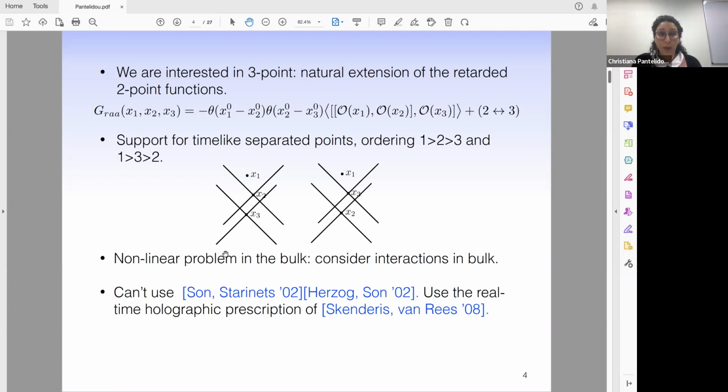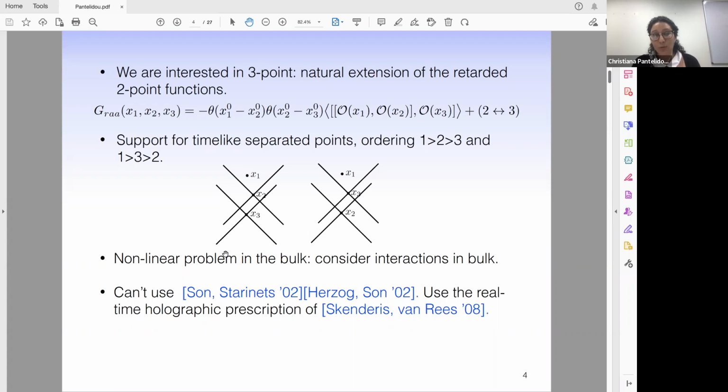In terms of the actual computation that one needs to do in the bulk, we now have to solve something that is non-linear. In order to do that, we need to specify what sort of interactions we are going to consider. If we go back to the example I gave earlier of a scalar operator, to compute the 3-point function of a scalar operator we need to consider, once again, a scalar field in the bulk, but now we need to specify its interactions.